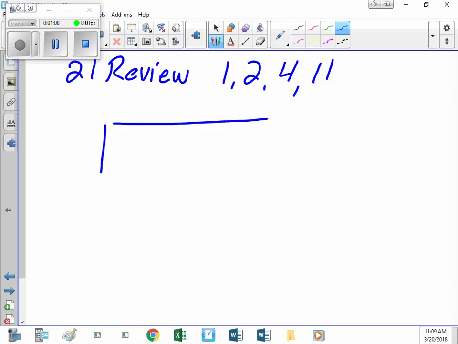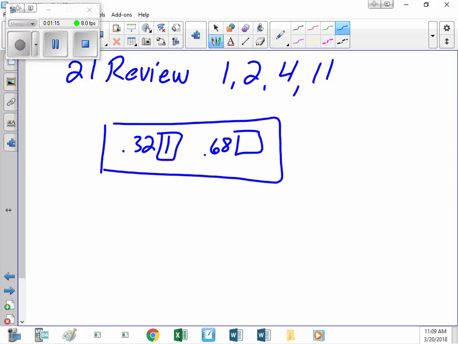So I'm going to stick in 0.32 ones, and that would leave me with 0.68 zeros. That's the best we can do. So now I find the SD. I take the square root of 0.32 times 0.68. What did that give us?